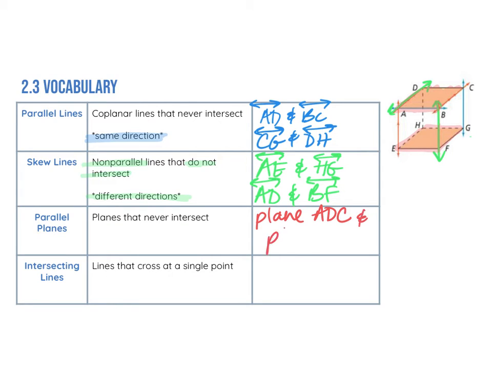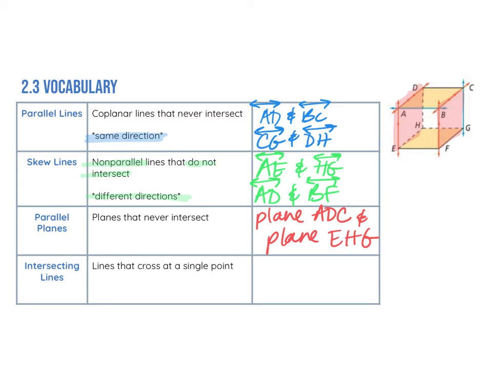And then plane EHG would be the bottom one. Again, if I wanted to give a second example, I could say this side, right, is going to be parallel to this side. There's another example of 2 parallel planes.